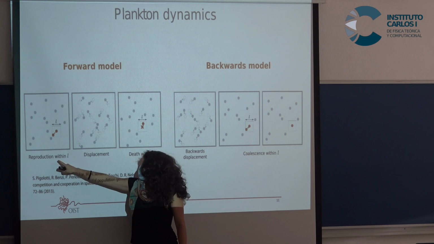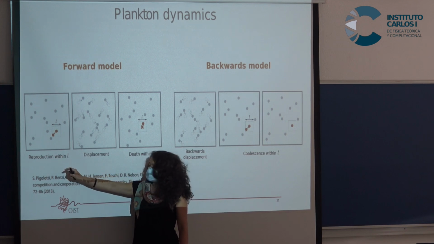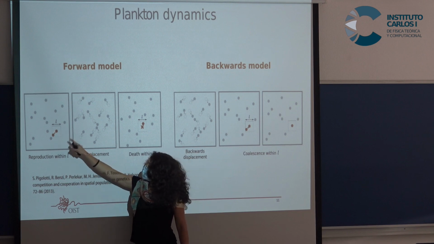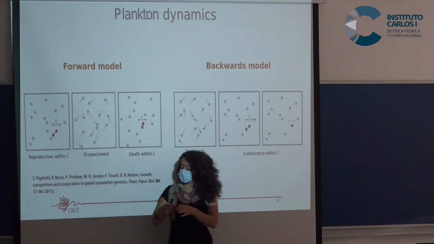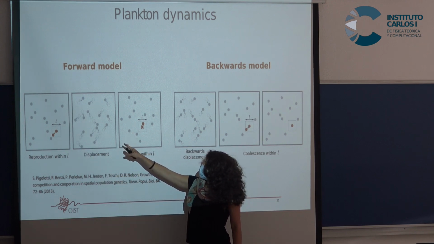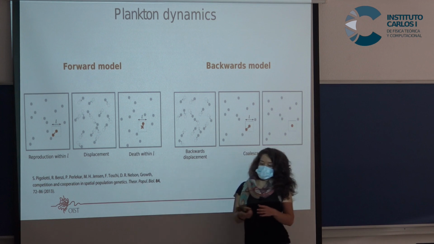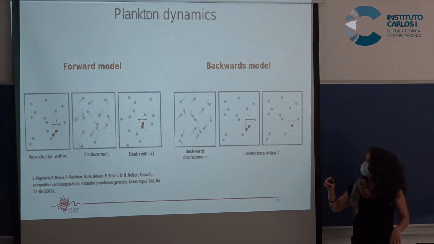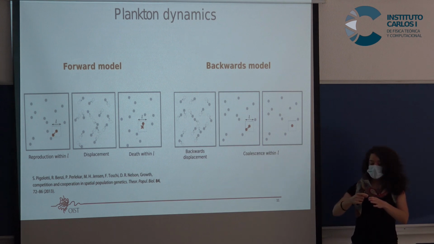Basically, as many of you know, one random individual reproduces in some neighborhood with size L, then individuals diffuse, and then they die by competition with others. So on average, you will always have one particle per neighborhood.